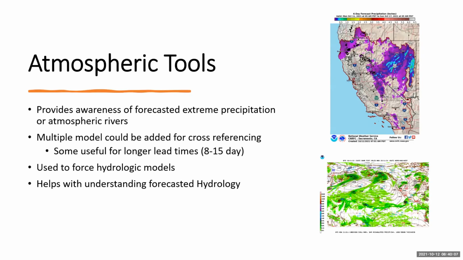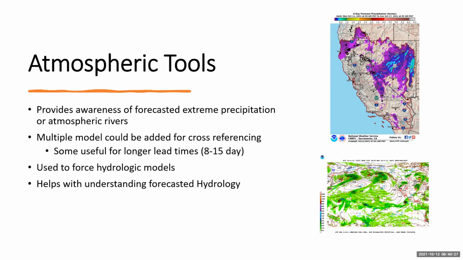For atmospheric tools, it provides that red flag for extreme precipitation events and atmospheric rivers. And then there's also multiple atmospheric models, so you can reference between the two, or many of them.